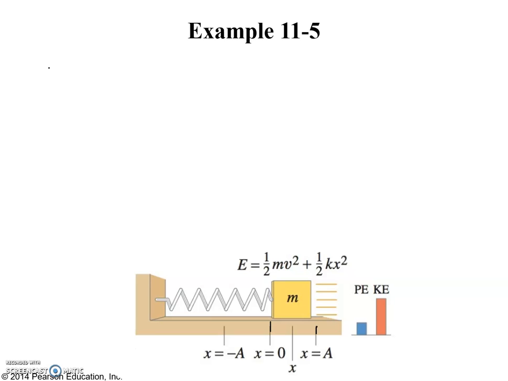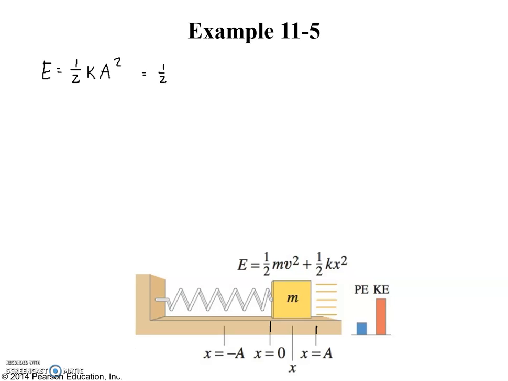That's the one we're going to go with, where the spring is completely stretched out. So that energy is going to be 100% stored up potential energy in the spring, which is equal to 1/2 kx squared. But when it's completely stretched out, our x is going to be equal to the amplitude A. So we can say 1/2 kA squared is the total amount of energy in the system.